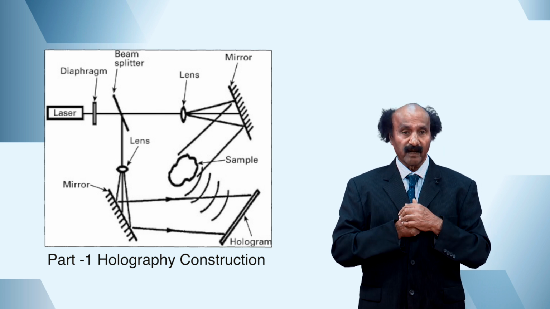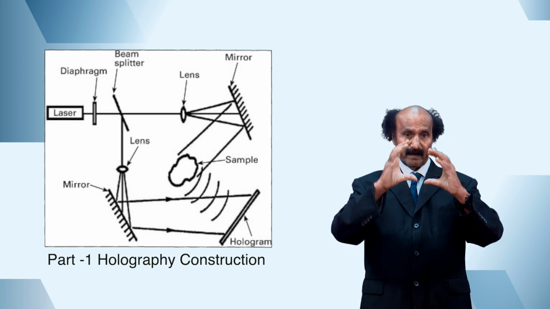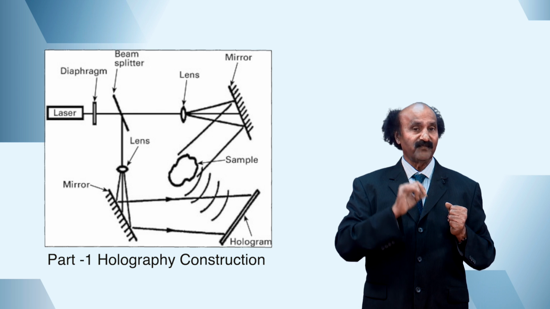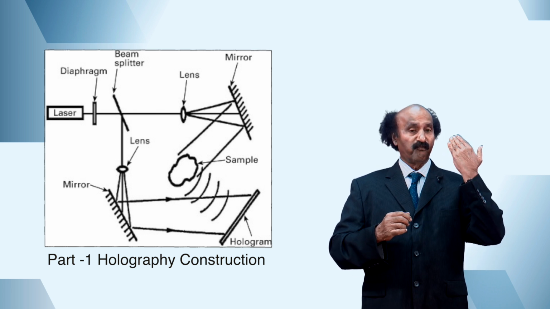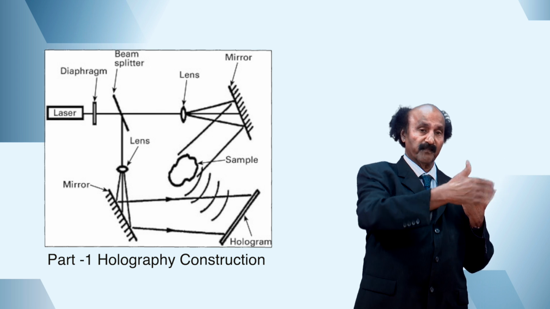In regular photography, with which you are very familiar, you have a camera. In the camera, you have a lens. The lens will be between the object and the photographic plate. Here is a lens, here is a photographic plate, here is the object.